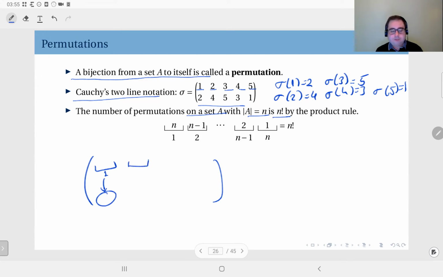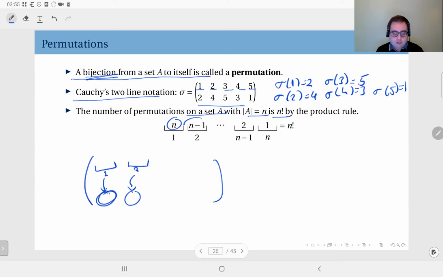And then after you do that, you have to do the same for the second element. But now, since you have used one of the elements, you cannot use it again because this is a bijection. It needs to be one-to-one, so you need to pick a new element.